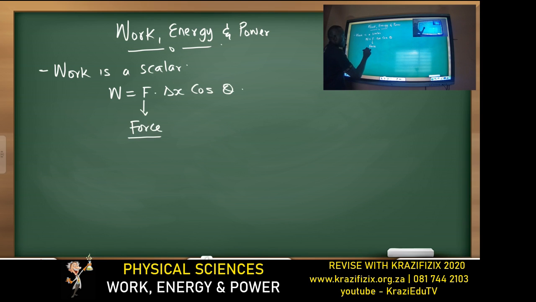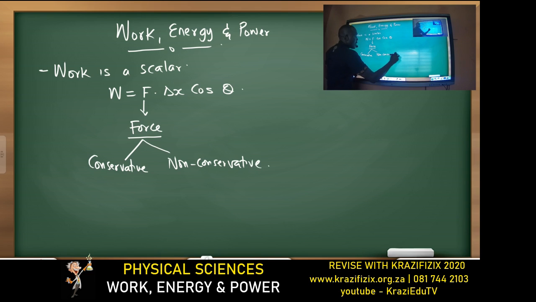When we talk about a force, we could talk about two types of forces, which are conservative and non-conservative forces. On the non-conservative, we like to use the acronym FAT: friction, applied force, and tension.